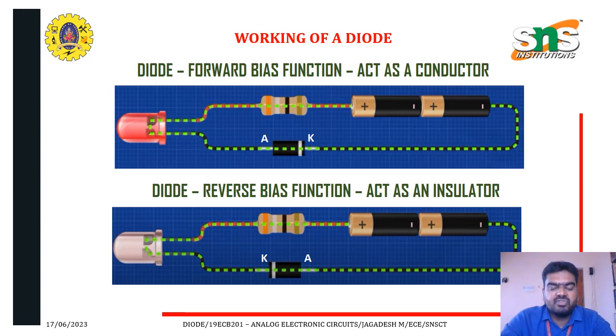The second circuit diagram is the reverse bias condition. It acts as an insulator, because even if you increase the external voltage supply from the battery, there won't be any current flow in your diode, so there won't be any light in your LED. This is a simple practical example of the diode in forward and reverse bias conditions.